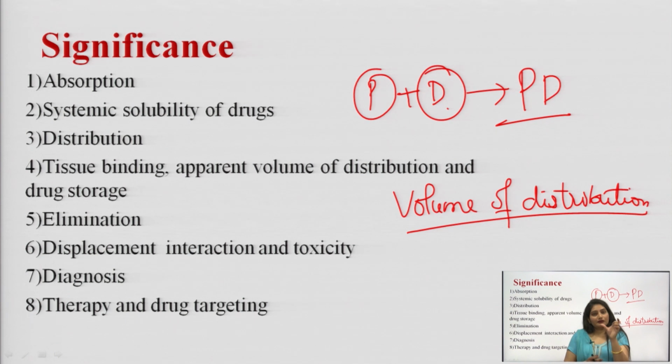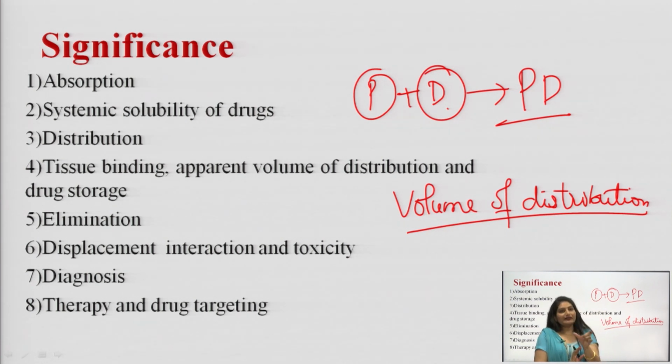Certain drug molecules or certain substances we can bind with the protein that helps the drug to reach the receptor site or the action site, so that it can deliver its action. So, this protein drug binding can also act as a carrier system.